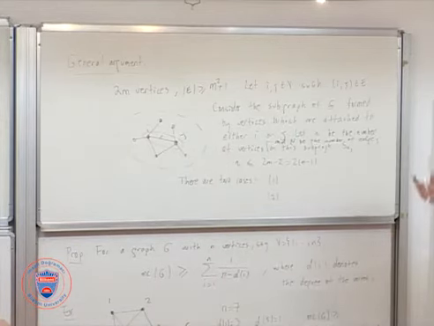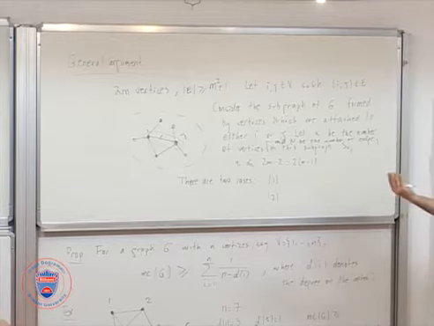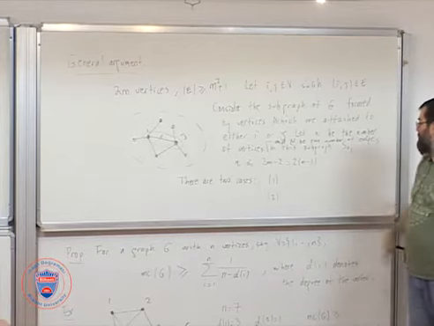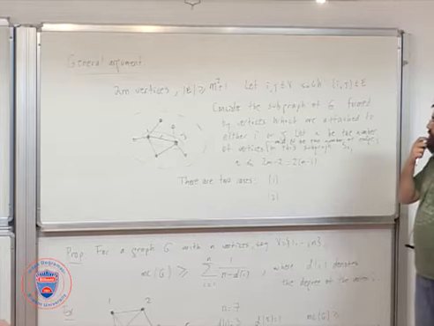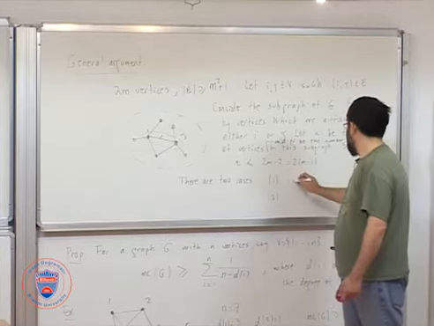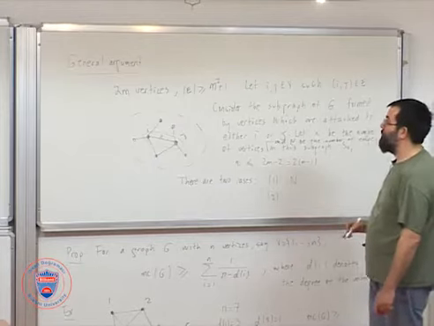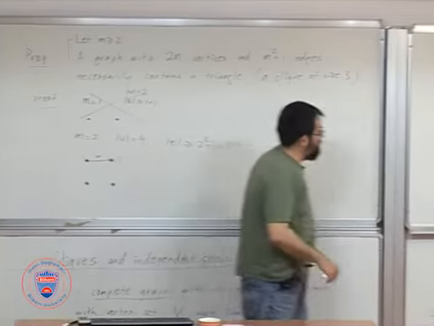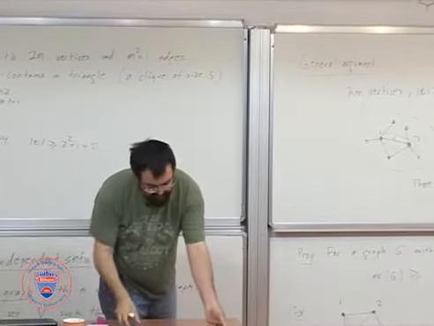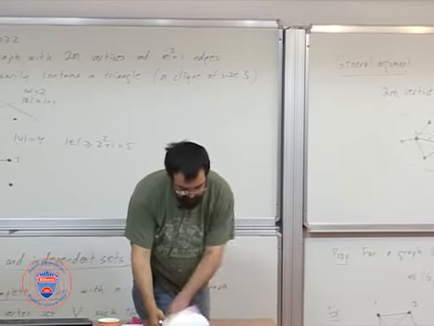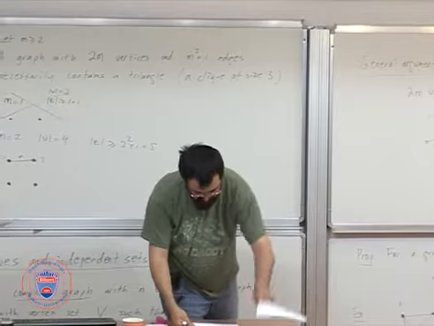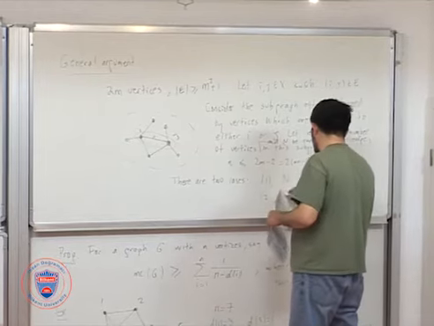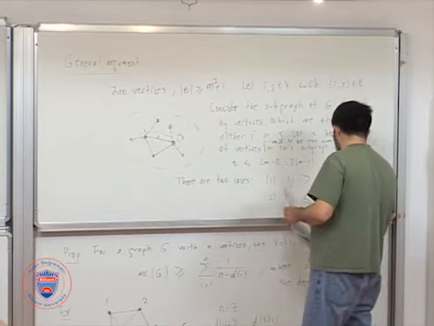In this graph, we have at least 2 fewer vertices, so we're talking about the situation with m 1 less. But the number of edges could be more. The number of edges, this n, could be either bigger than (m minus 1) squared plus 1, or less than or equal to the square plus 1.